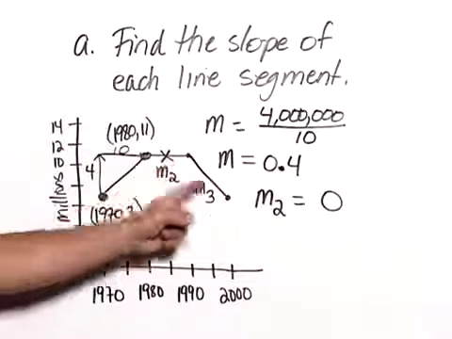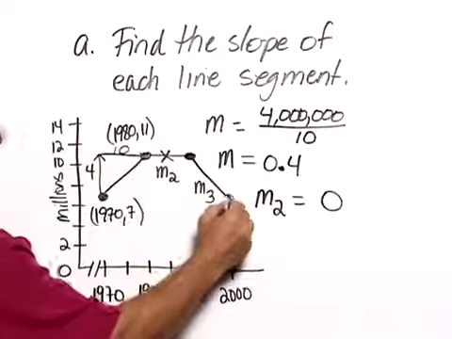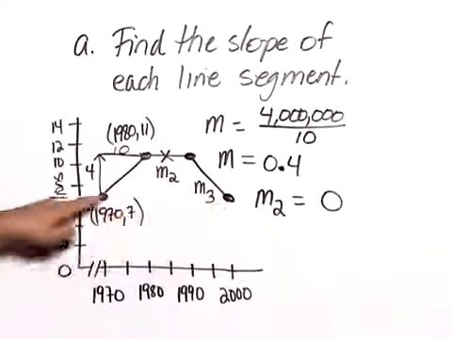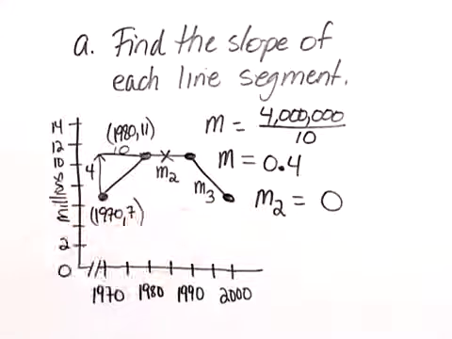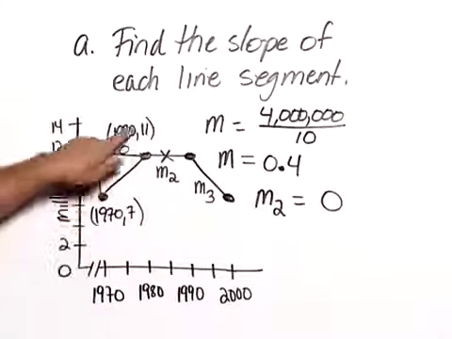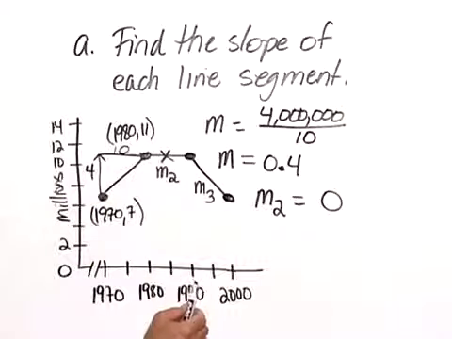Now let's take a look at what I will label as M3. M3 is this line segment, but let's think for a moment and notice what's going on. In this case, the height is 11 million. And for this point, the height is 7 million. So in a sense, we're using the same numbers that we've used over here because once again, when we look at the dates, it's from 1990 to 2000, a difference of 10.